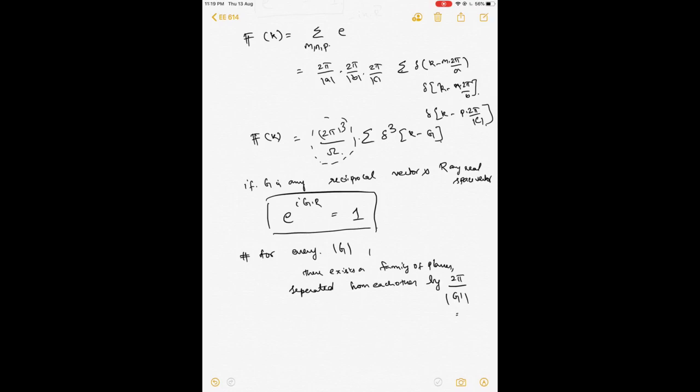I repeat, for every reciprocal lattice vector G, let's take this is our 3D reciprocal lattice and I have a reciprocal lattice vector G. I am saying for every point G, there exists a family of planes in the real space which are separated by 2 pi by g1, along G, parallel to G, with the smallest reciprocal lattice length.